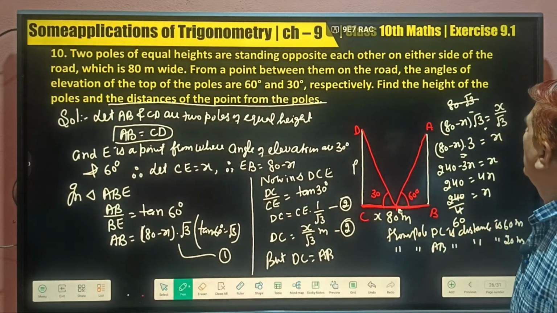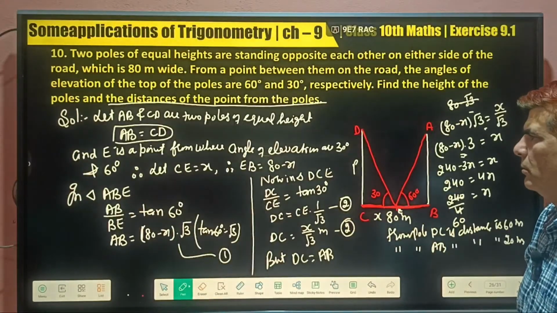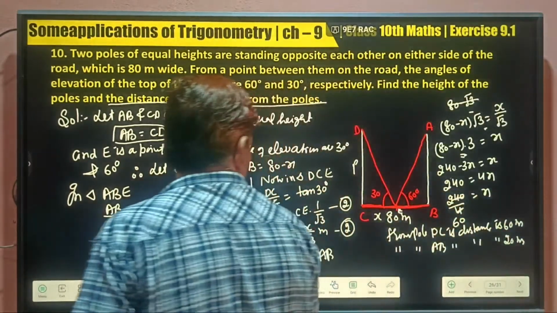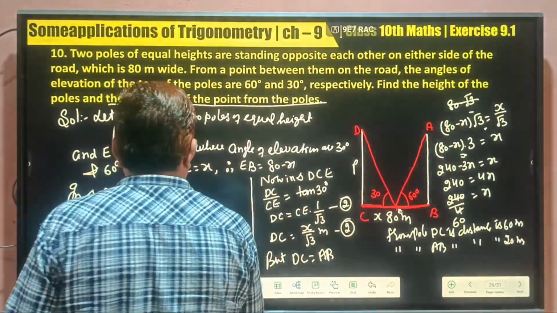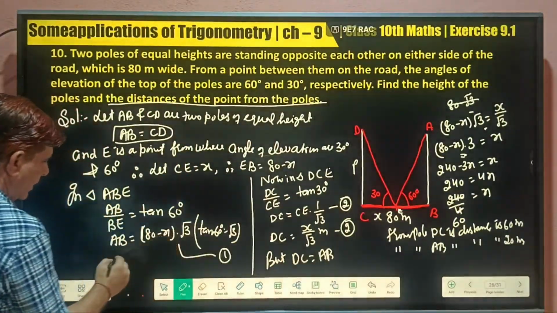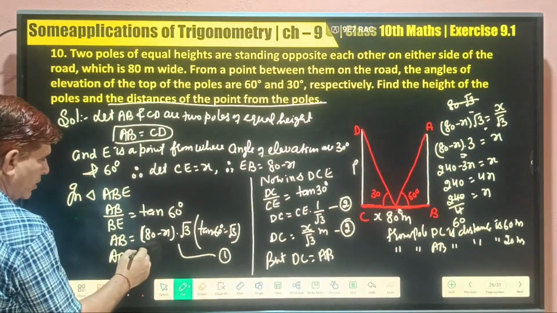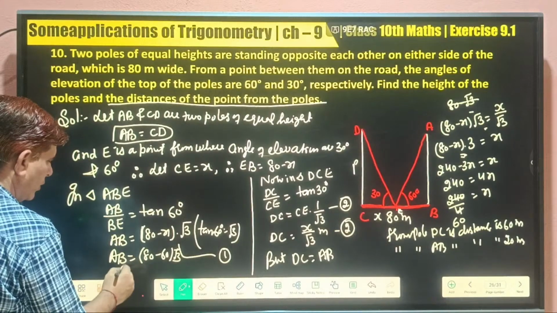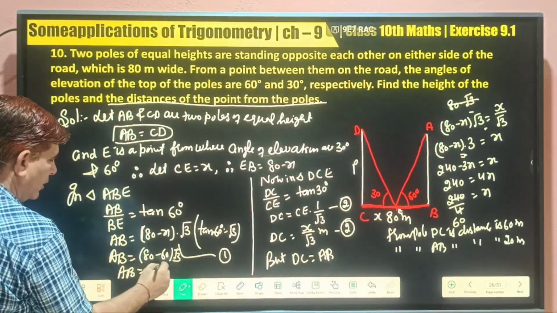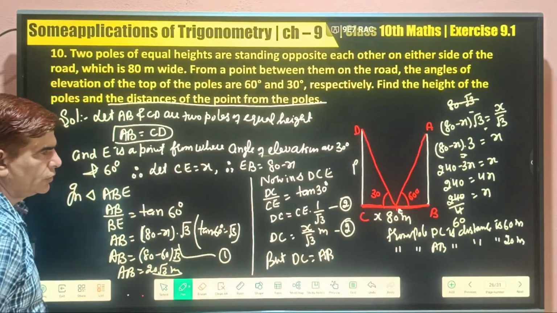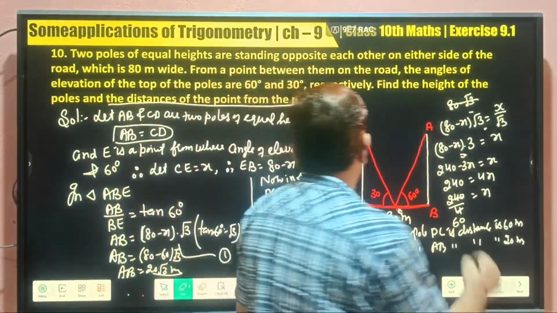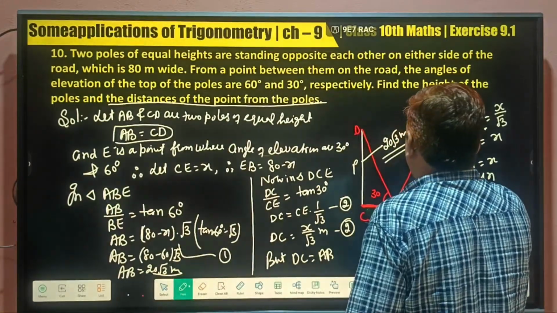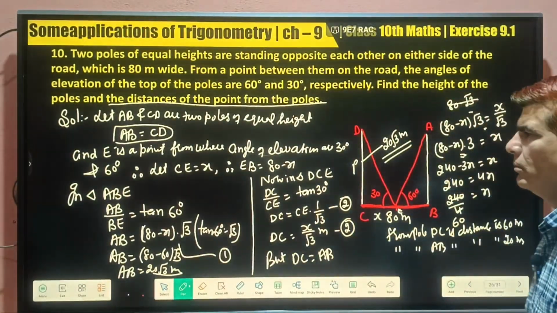Then what's the height of the pole? AB is equal to 80 minus 60, which is 20, times root 3, so AB is 20 root 3 meters. So the height of the pole is 20 root 3 meters.